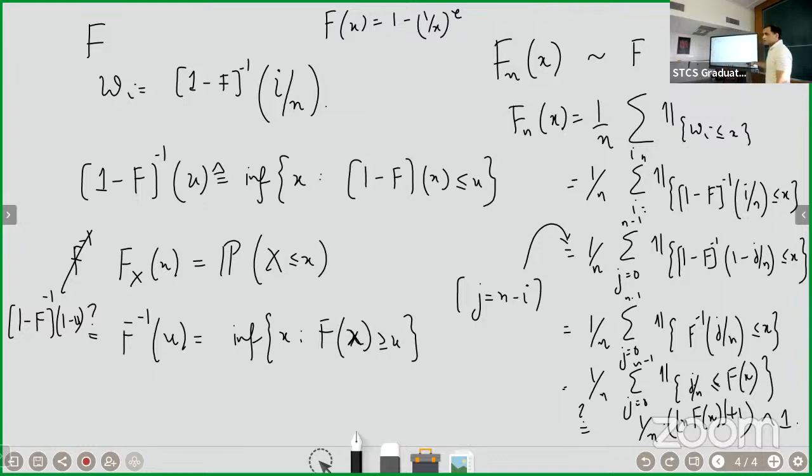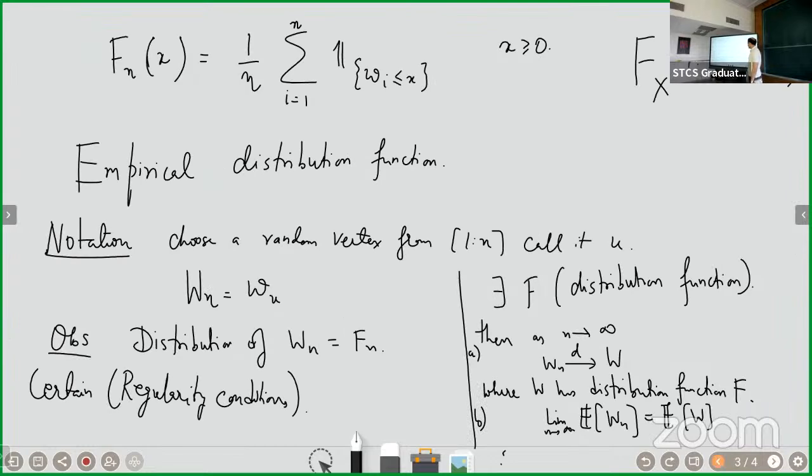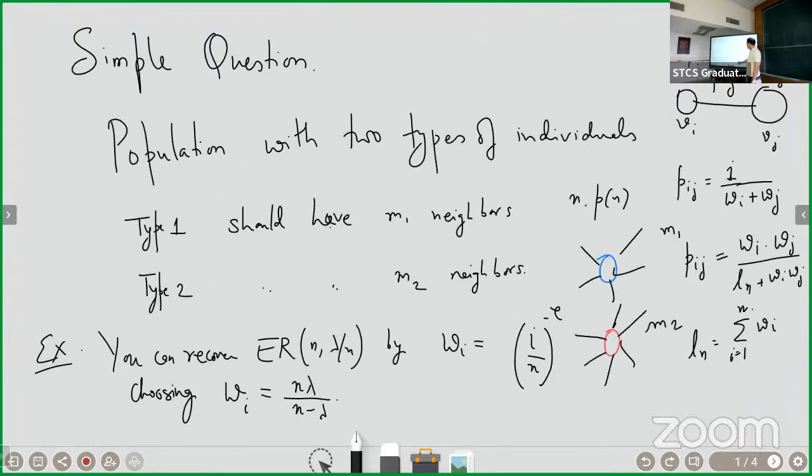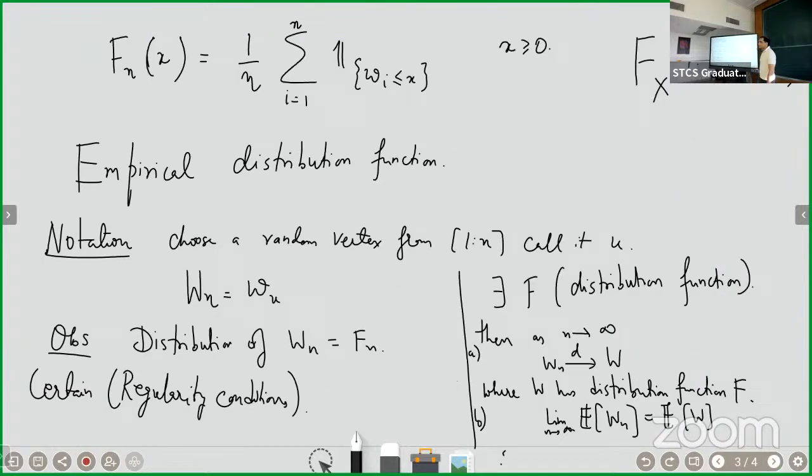This you can get your w to be exactly that function. This function is what you invert. So it gives you a constructive way of finding, if you want a large graph to converge, how should you select your weights? But there is a catch. One has to be careful about the regularity conditions. The regularity conditions better be satisfied. The reference should better converge to it.